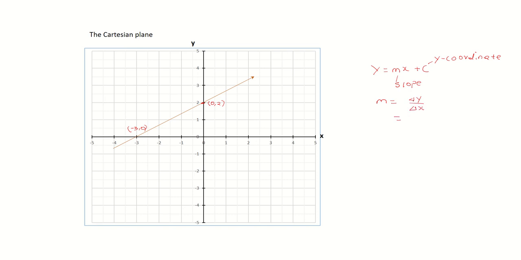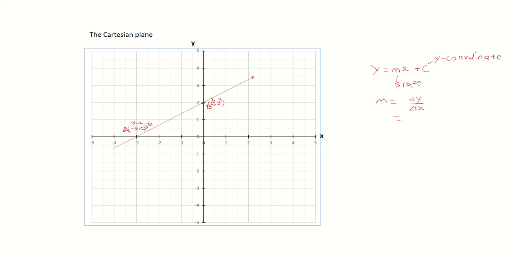How do we do a change in y? Select any of these 2 points. I might want to call this point B, and that point A. So select any one and label it as 1. We can call that x1, call that y1, we call that x2, and we call that 0 there y2.